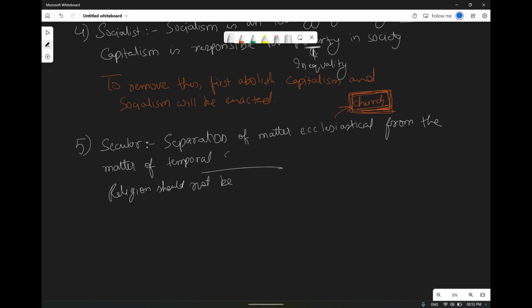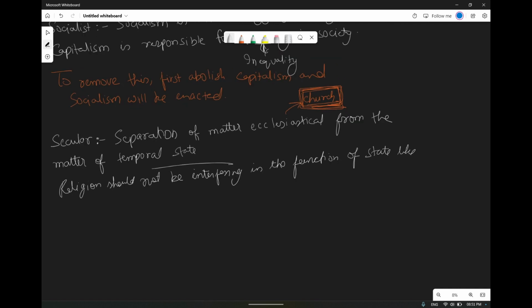Temporal state. Religion should not be interfering in the function of a state, like education.